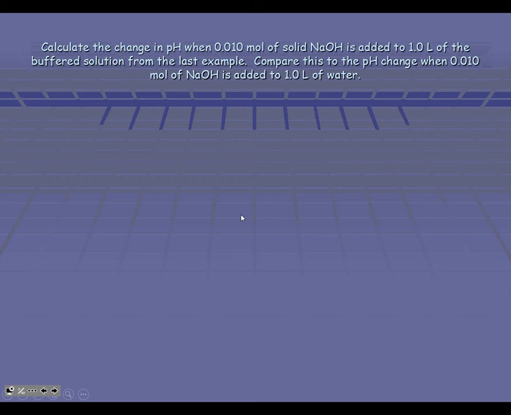I have 3 basic steps for every problem that we're going to work, and you have to do them in this order in order for it to work. The first thing you need to think about is the chemistry that's going to happen.